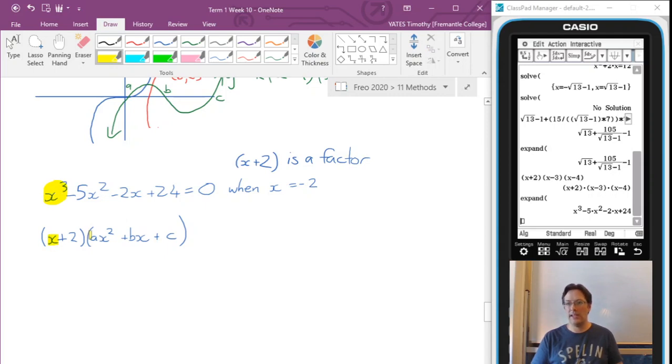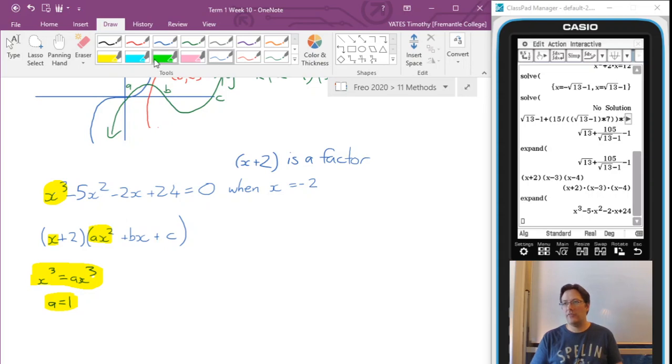There's only one way to get an x cubed term, that's to multiply x by ax squared. So x cubed equals ax cubed, so a is equal to 1. That was pretty easy, and most of them will have the answer of a equals 1.